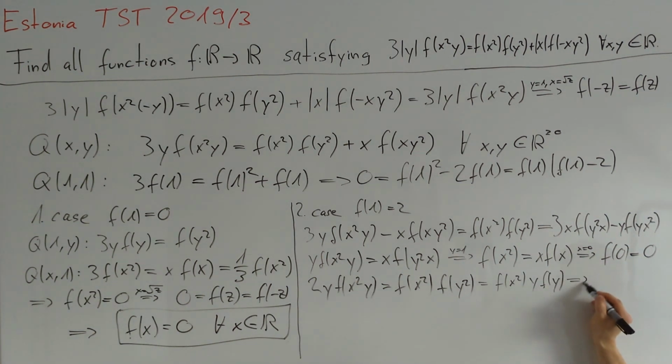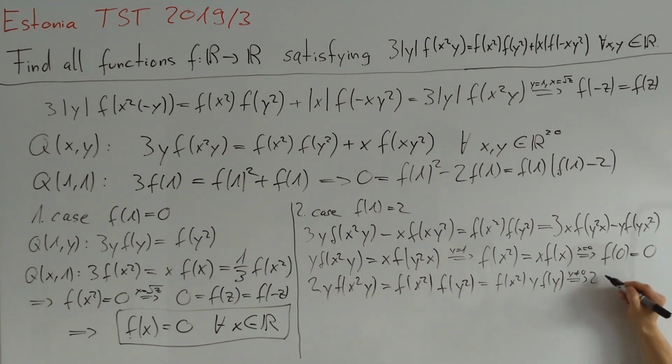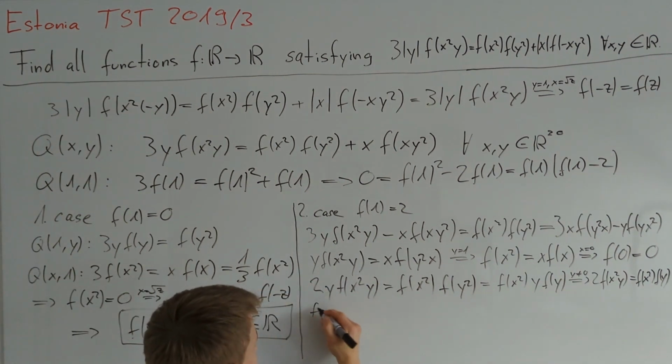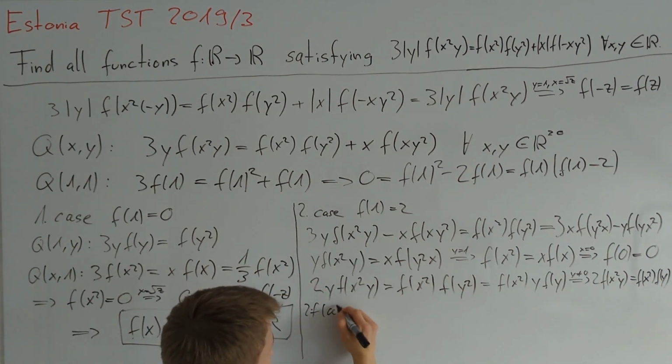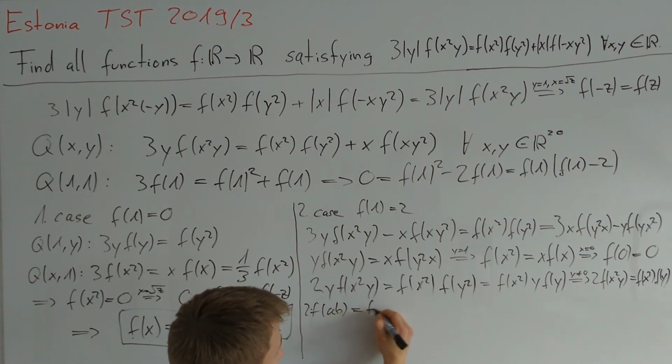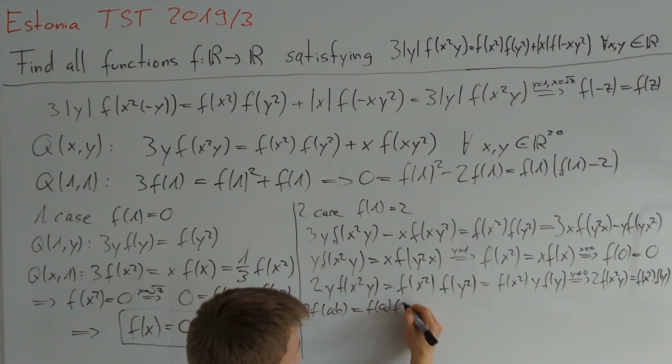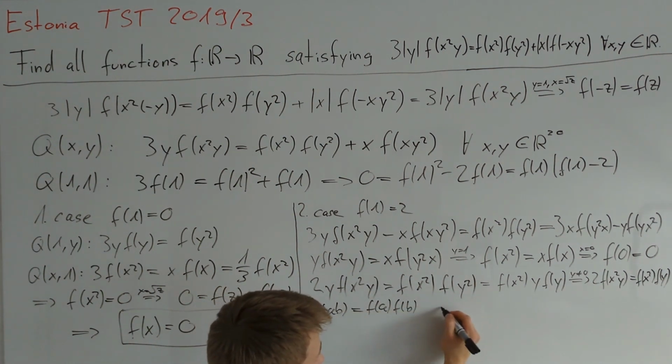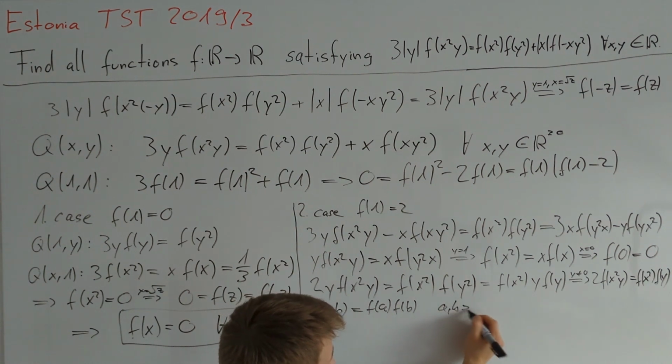Dividing by y, with y not equal to 0, we get that 2 times f of x squared y is equal to f of x squared times f of y. This means that 2 times f of ab is equal to f of a times f of b for all a and b greater than 0.